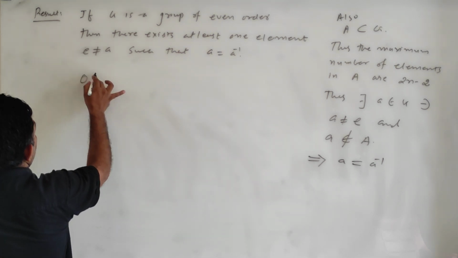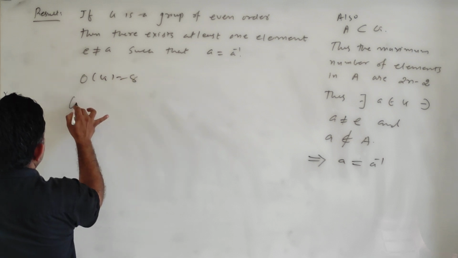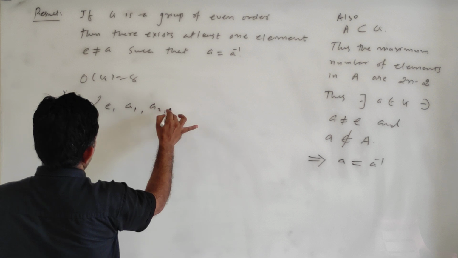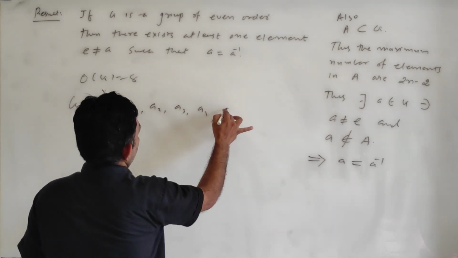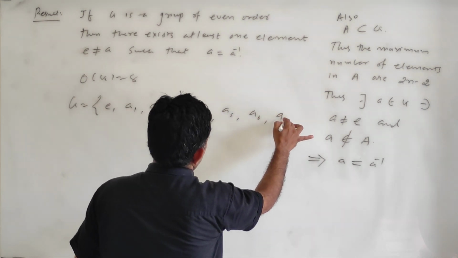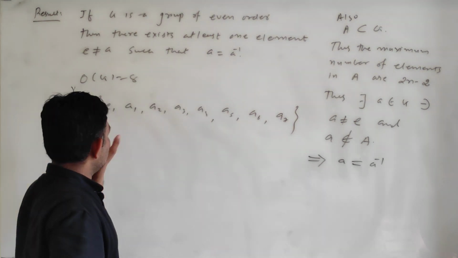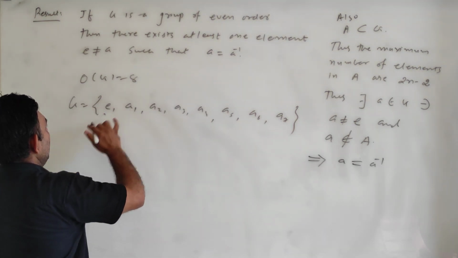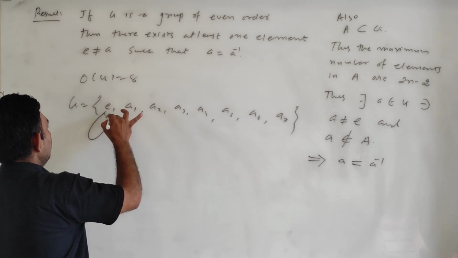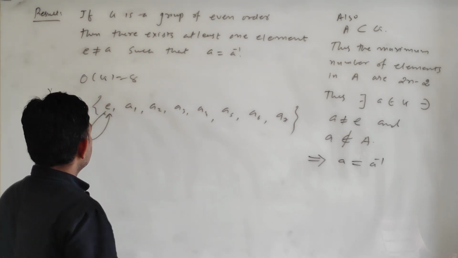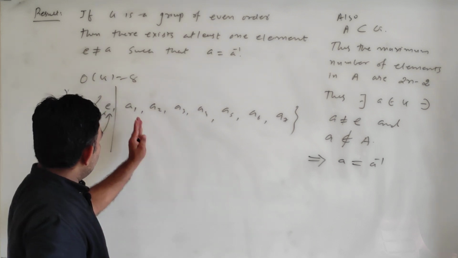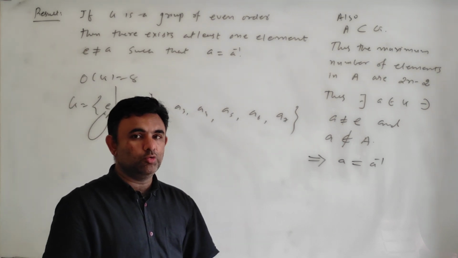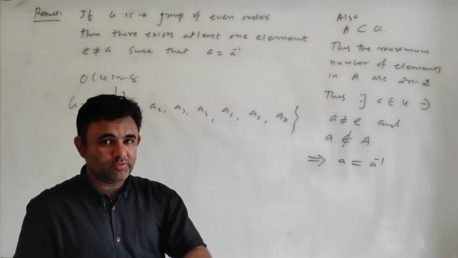But say the order of G is equal to 8, then G can be written as identity, a1, a2, a3, a4, a5, a6 and a7. 7 plus 1, 8. Now identity inverse is identity, itself. So now you forget about this. Now a1 must have an inverse, because we are working in a group.